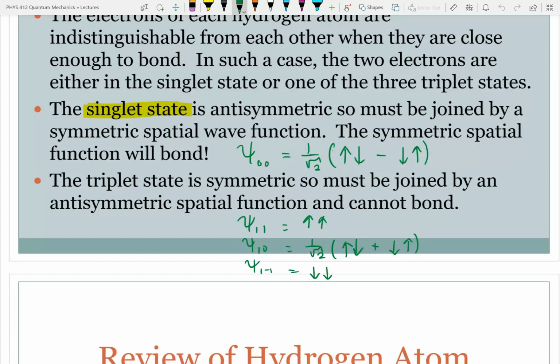So the singlet state can bond, the triplet state can't. And that's why you have bonding orbitals and non-bonding orbitals. If you're in this state, then you can form a bond. But if you are in this one, once again, it is verboten, forbidden.